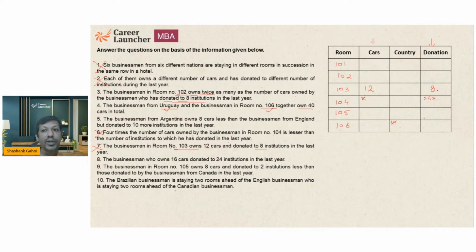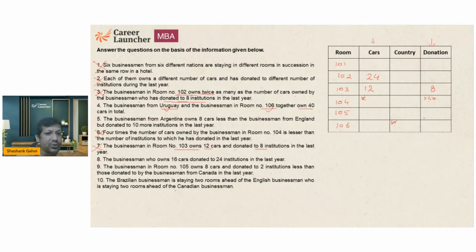Who donated to 8 institutions? That is the room 103 guy. Now this guy, the 102 guy, must be having twice as many cars, so he must be owning 24 cars. Okay, so this is also used.